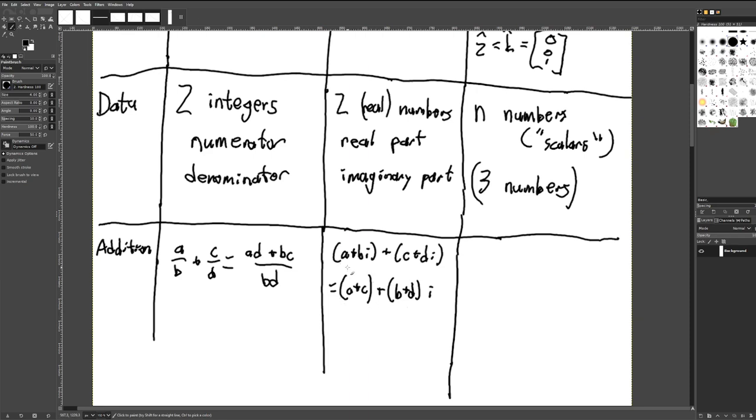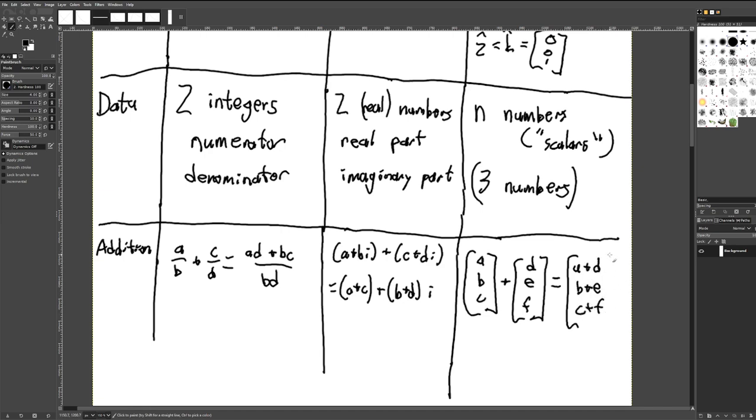We treat the real part and the imaginary part in parallel in this case, and same with vectors. If you have (a, b, c) as a vector plus (d, e, f), then the sum, you just add them component-wise, is (a plus d, b plus e, c plus f).